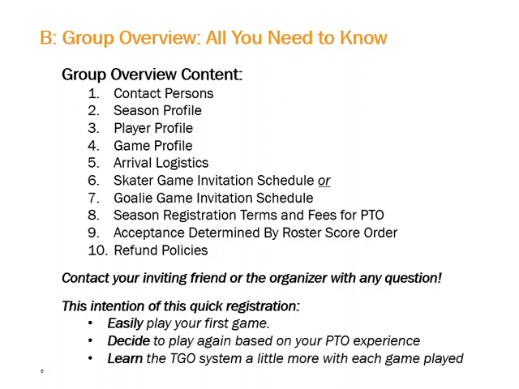Everything's written down, so there's no question as to how things go. And the second, and probably the most important reason, is that recruits can simply come here, read up on the game, and decide if it's a good fit. So the intention of this quick registration is that it's easy to get to your first game. It really should just take 5 minutes to get registered, receive your email invitation, and then off you go.